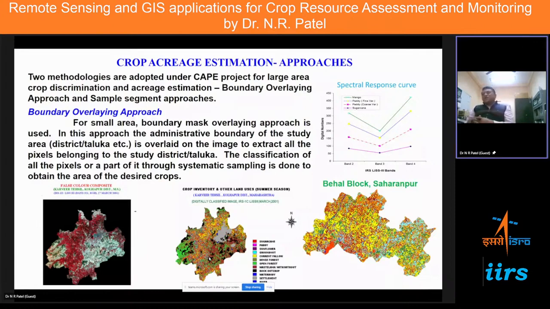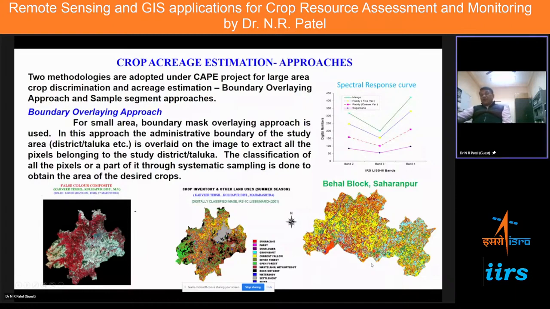So it is based on the maximum likelihood probability to be a member of a particular information class. Now you see here four crops are classified based on this boundary overlaying approach and MXL classifier.